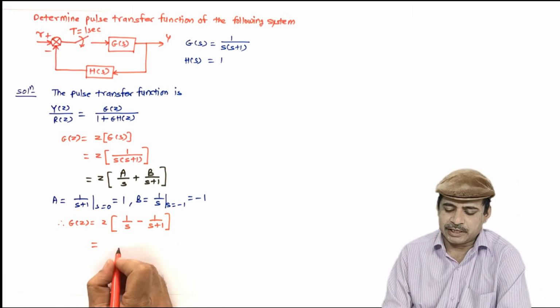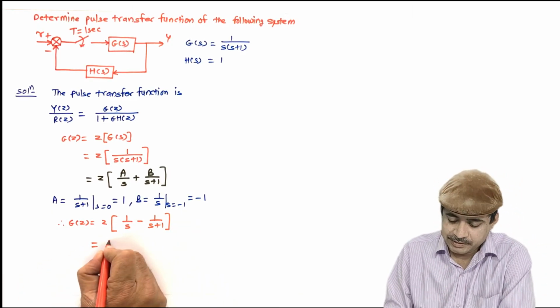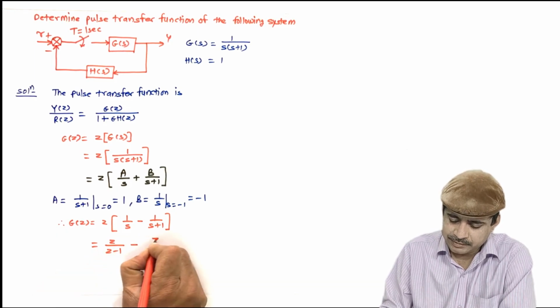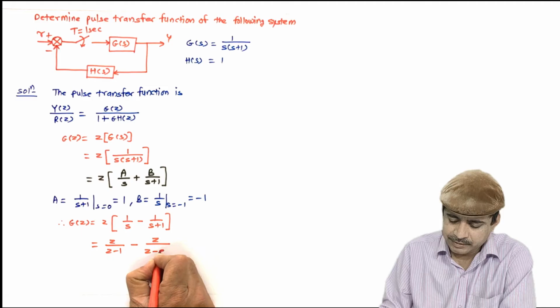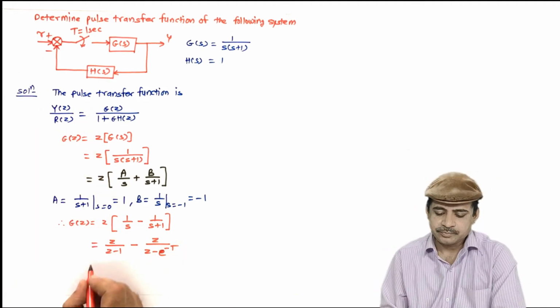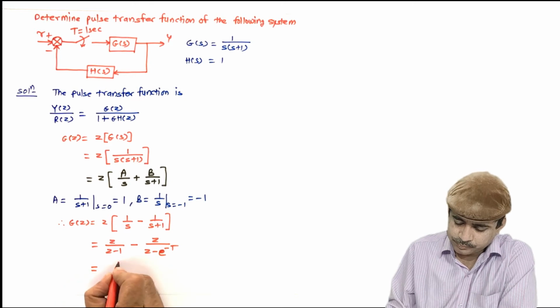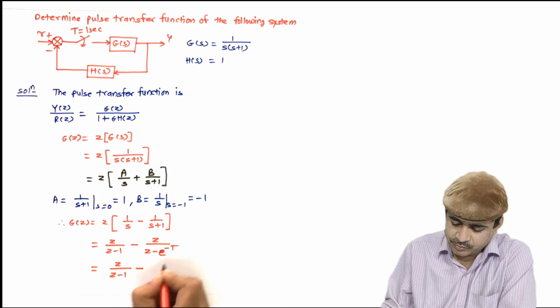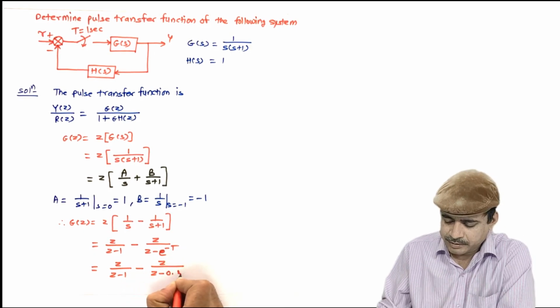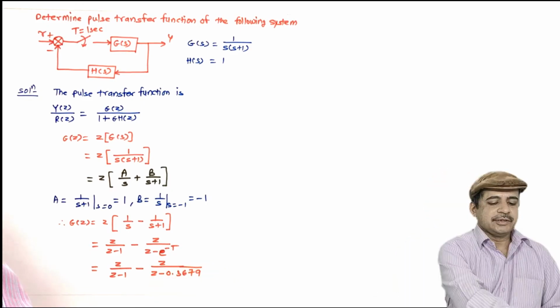And that is equal to Z upon (Z minus 1) minus Z upon (Z minus e raised to minus T). Now what is T? T is 1. So it is equal to Z upon (Z minus 1) minus Z upon (Z minus 0.3679). Let us simplify this.